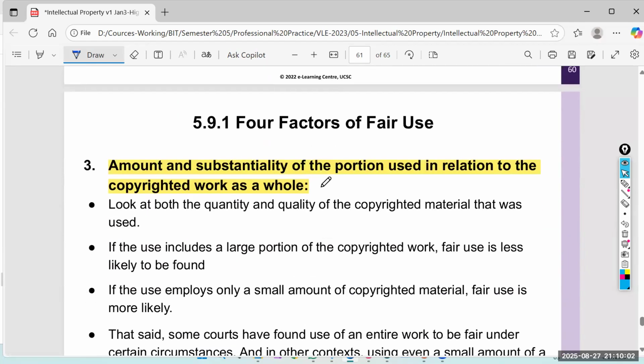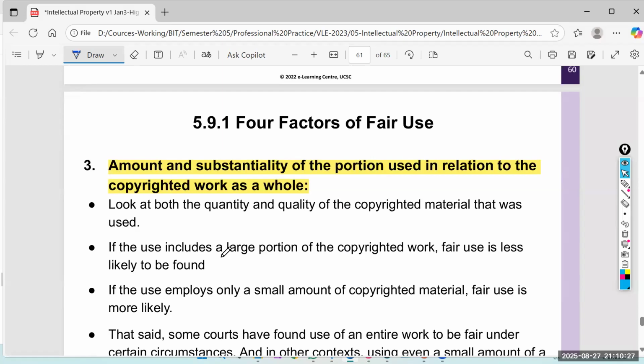Next one is the amount and substantiality of the portion used in relation to the copyrighted work as a whole. So when you write something, what amount of the content is copied from someone else's content?